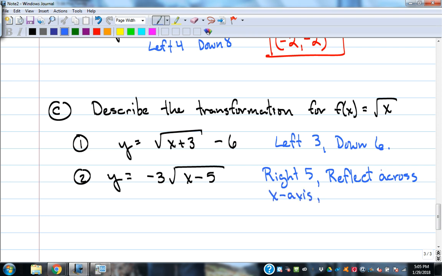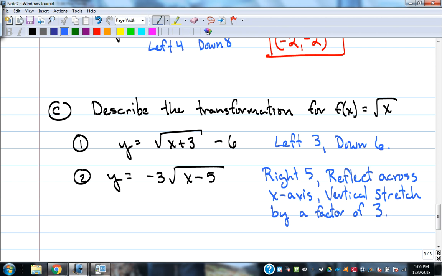And then what else? Vertical stretch. How do we know it's a stretch and not a compression? My factor of 3 is a larger number. It's not between 0 and 1. Okay. Vertical stretch, and you might say by a factor of 3. That's probably the most descriptive that you're going to get out of that.